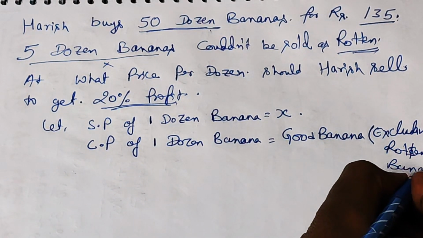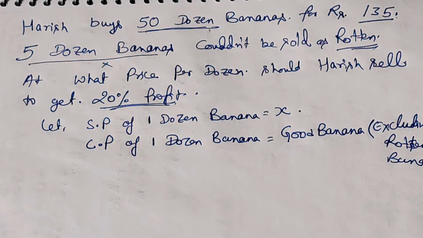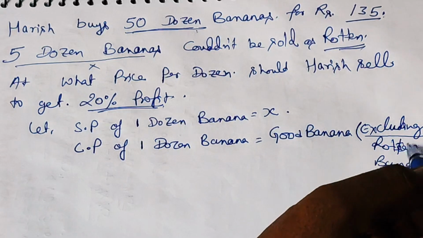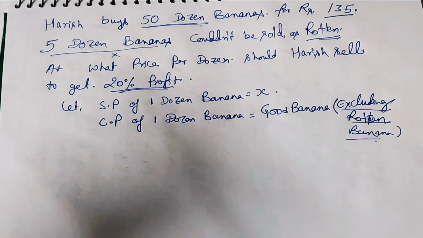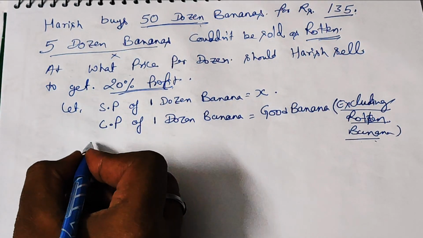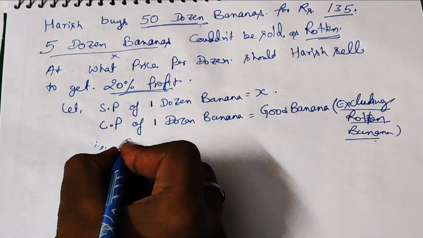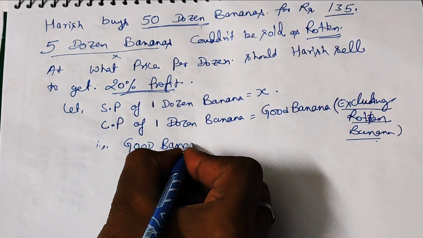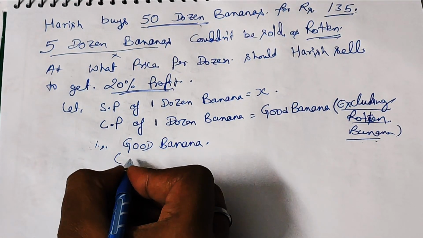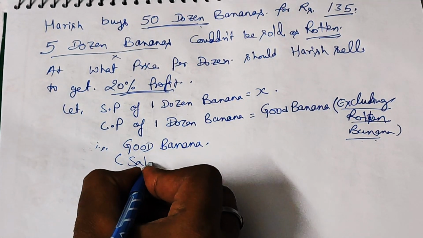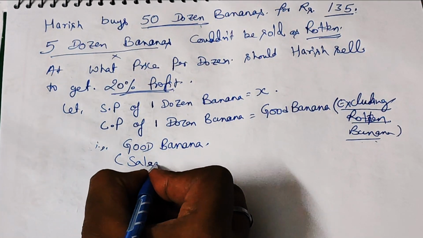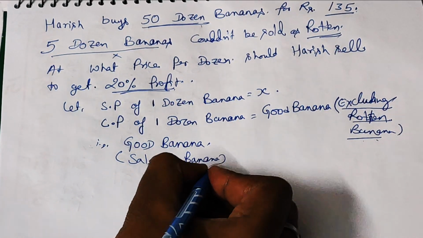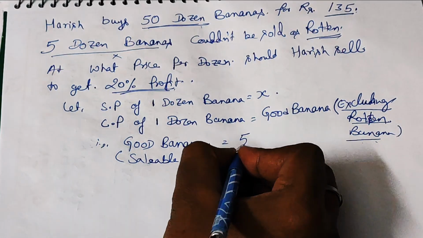Now the total number of dozens of good bananas which can be sold: definitely the rotten dozens of bananas should be subtracted from the total bananas Harish bought initially. That is, the good bananas will be only 50 dozen minus 5 dozen.